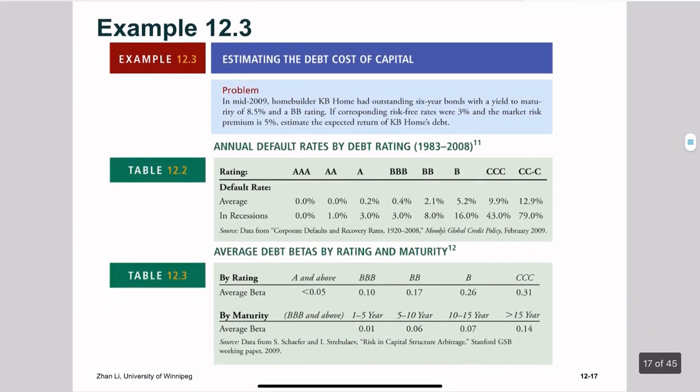Okay, great. Now let's see this example here. In mid 2009, home builder KB Home had outstanding 6-year bonds with a yield of 8.5% with a rating of BB. If the risk-free rate is 3% and the market risk premium is 5%, estimate the expected return of KB's debt.